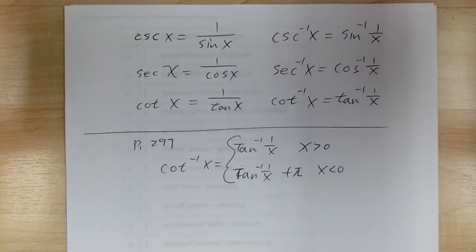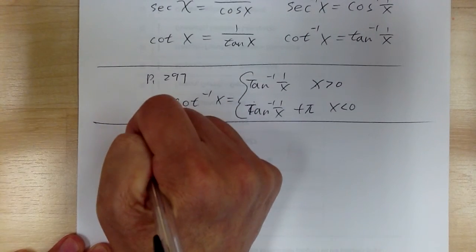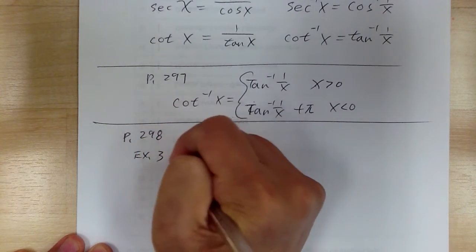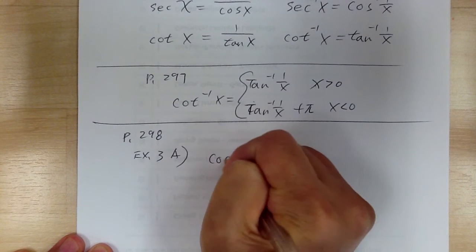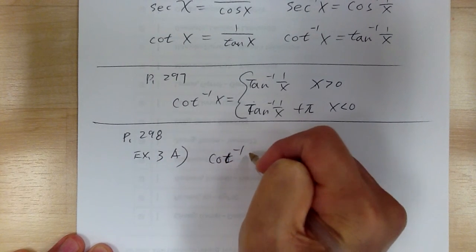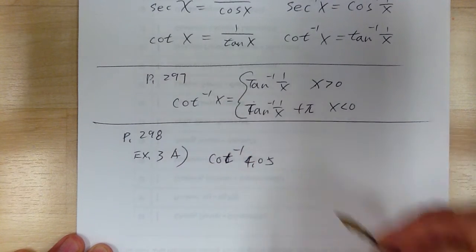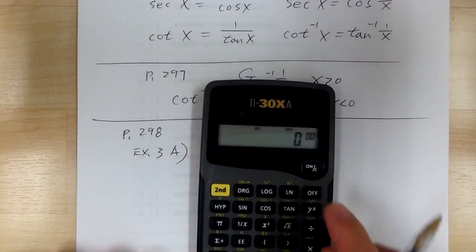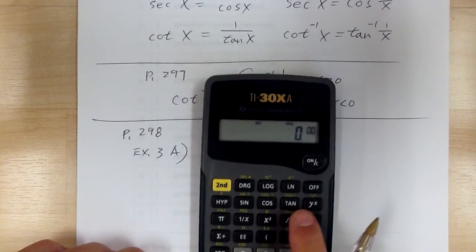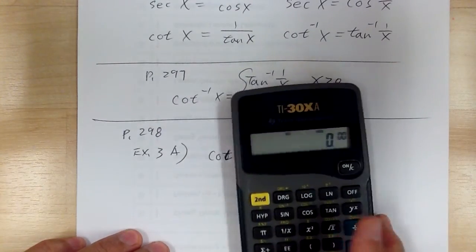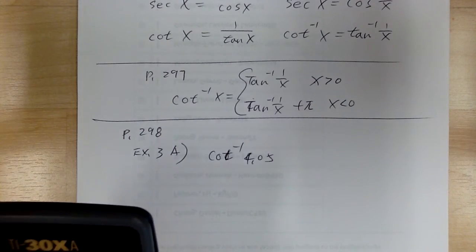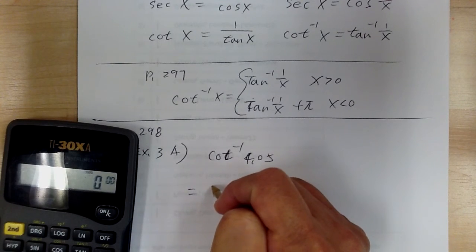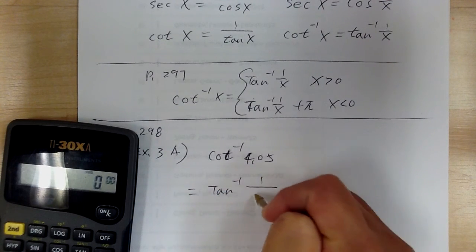Let's go to example 3: inverse cotangent of 4.05. If you look on your calculator, there's no inverse cotangent, so you need to convert. First make it inverse tangent of 1 over 4.05.